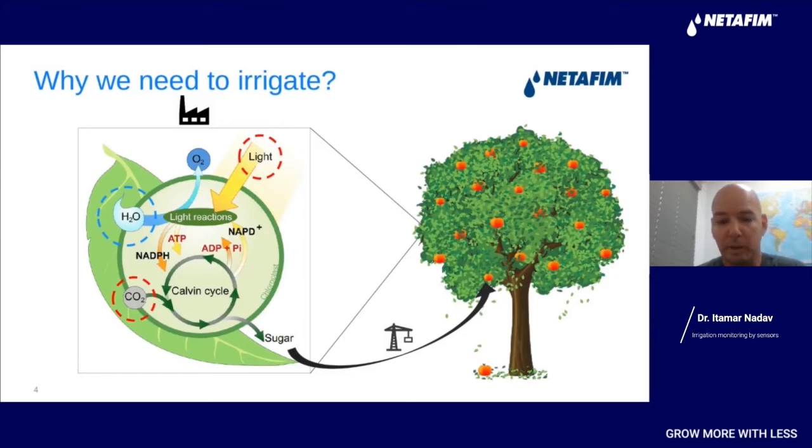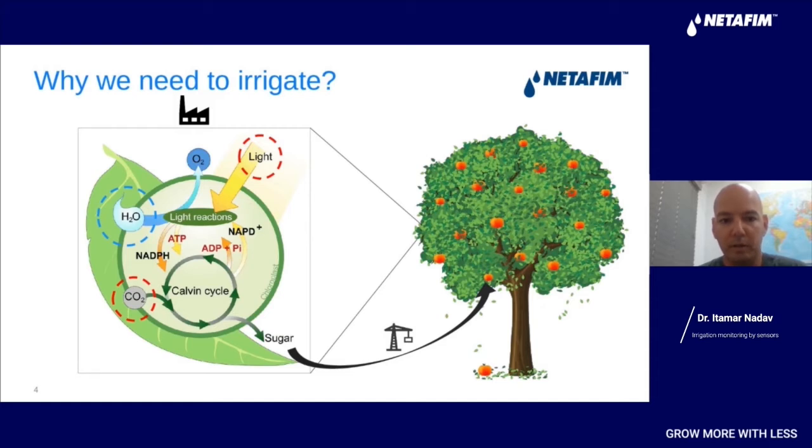So why do we basically need to irrigate? We have a plant or tree, and in the leaves of this plant or tree, we have a lot of tiny factories that manufacture sugars, which are the building blocks of the crop, of the yield. In order for those small manufacturing machines to operate, we need several things.